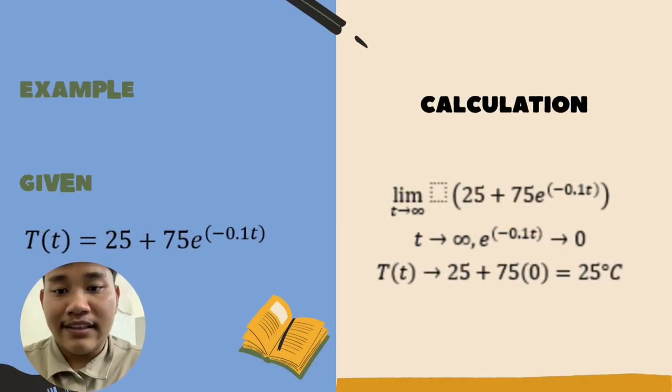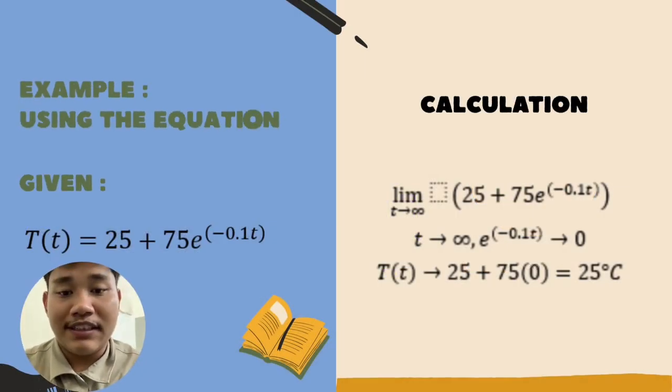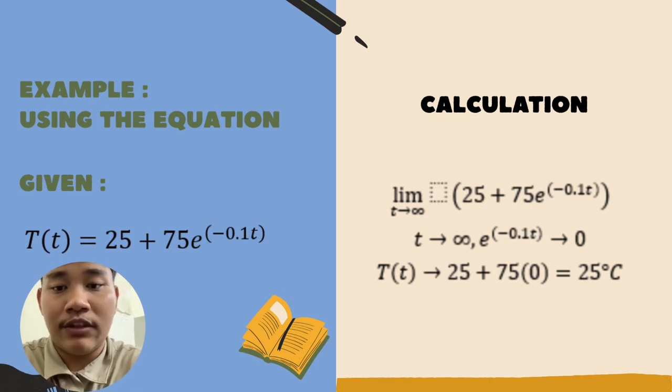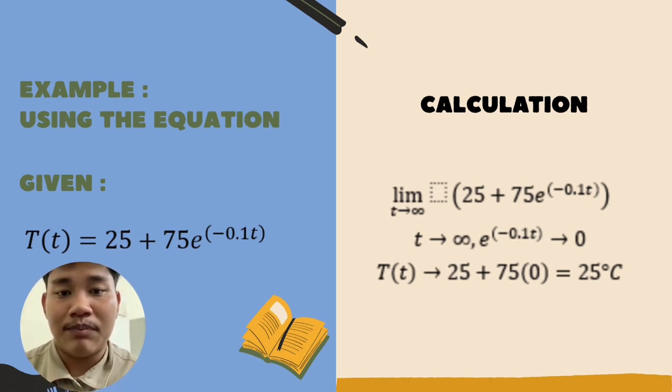Let's look at an example. We are given the function T(t) equals 25 plus 75e to the power of negative 0.1t. To find the final temperature, we evaluate the limit as time approaches infinity. As t becomes very large, the exponential term e to the power of negative 0.1t approaches 0.